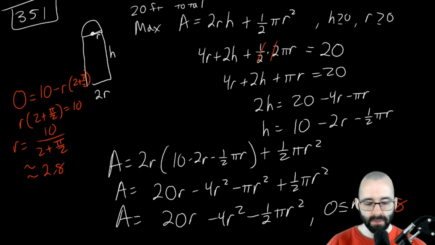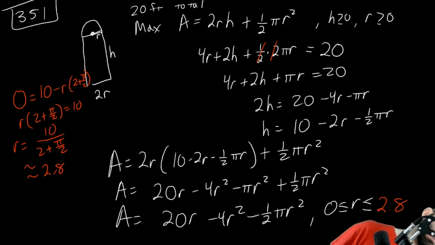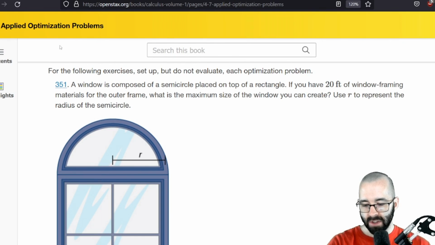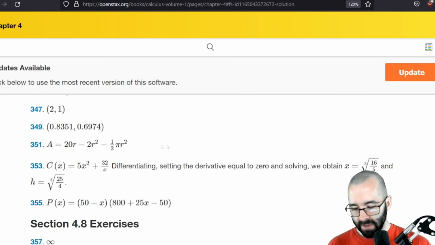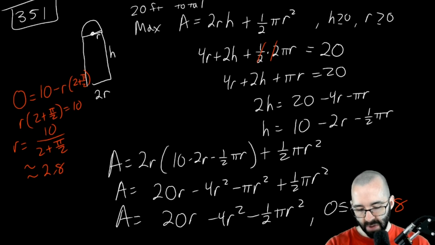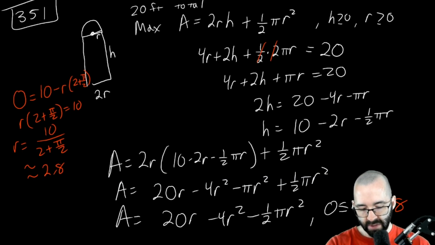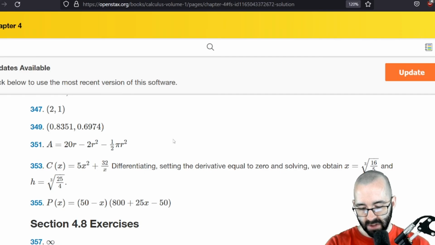Okay. Let's check our answer. And again, the book really might have interpreted this problem a little bit differently than I did. Area equals 20r minus 2r squared. Minus, yeah, so it's a little different. I have a 4r squared instead of a 2r squared.